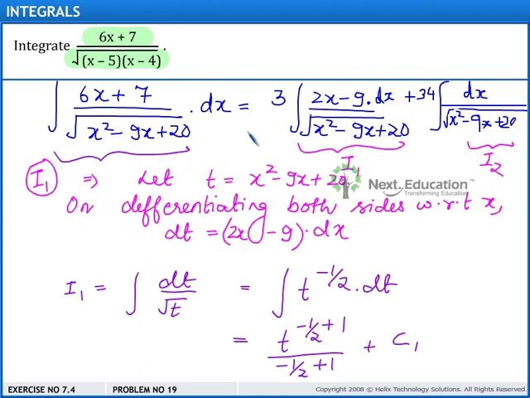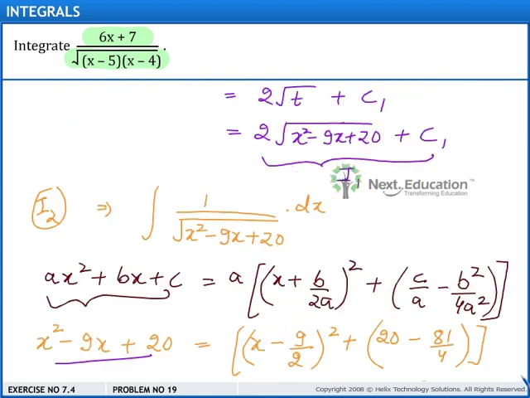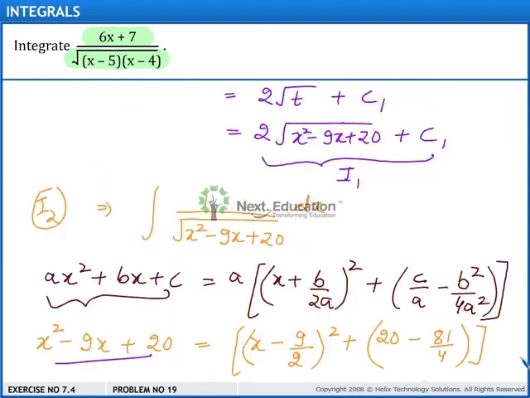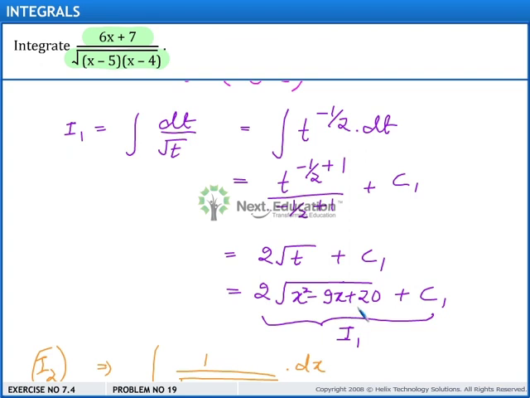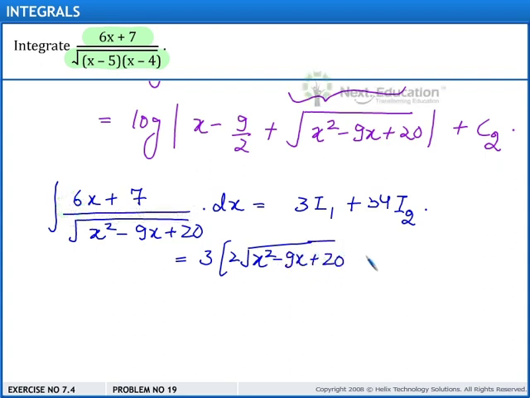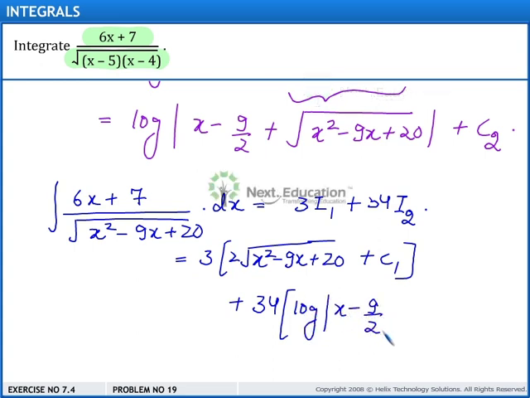Now the given integral is equal to 3 I1 + 34 I2. Therefore, substituting the value of I1, which is 2 times the square root of x² − 9x + 20 plus c1, we have 3 × 2 times the square root of x² − 9x + 20 plus the constant c1, plus 34 times I2, which is log|x − 9/2 + square root of x² − 9x + 20| plus the constant c2.